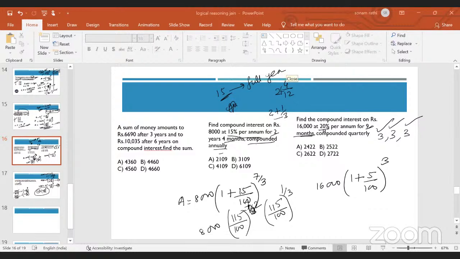Pranita, you leave that one because that needs a calculator. Without a calculator, you cannot do that question. So leave that one. Do the third one.